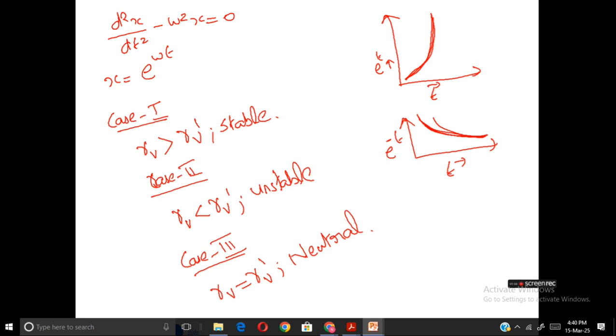In that case, the parcel is generally stable. The second case, when the environmental lapse rate is less than the moist adiabatic lapse rate, in that case the parcel is unstable. In the third case, when both are equal, then the atmosphere will be neutral.